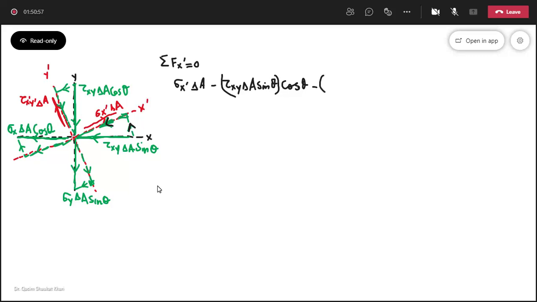So minus sigma y delta A sin theta, and the component will be this one. What will it be? Sin theta.